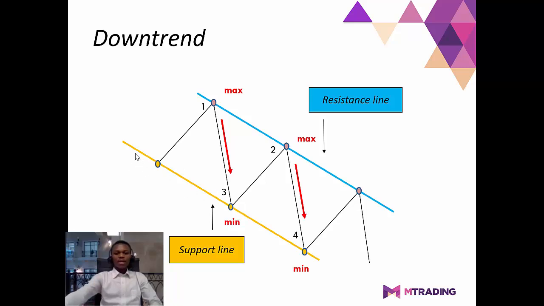This is a support line, which means the price is likely to come and hit this position and revert. And when it hits the resistance line, the price is likely to reverse and go down again, and it keeps doing this until the trend is done.